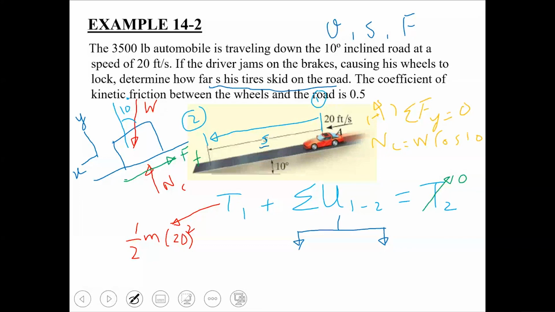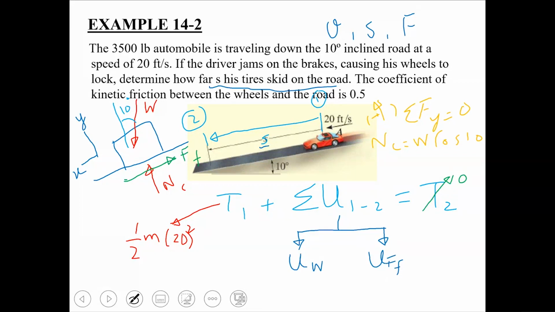One is the work done due to weight, since weight is being vertically displaced between position 1 and 2. The other one is the force of friction, जिसकी वजह से work आएगा. As far as the work done due to NC is concerned, since NC is acting perpendicular to this displacement, so it should not be contributing towards the work done term. So अगर मैं broadly देखूं, आपके पास work done due to weight आएगा और आपके पास work done due to force of friction आ जाएगा.